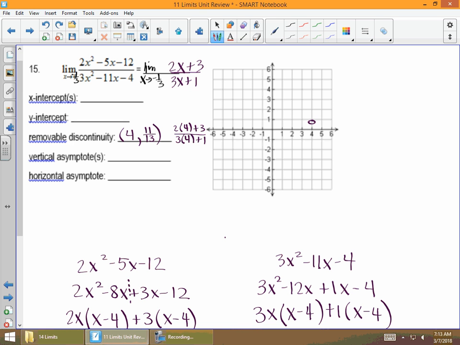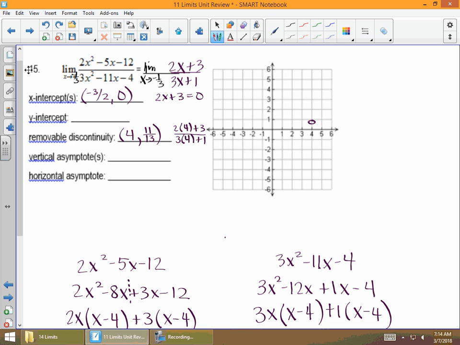4 is my x value, a little less than 1 is my y. Looking good so far. All right, x-intercept. Remember, if our removable discontinuity is at 4, our x-intercept is not going to be there. Our x-intercept is going to come from setting 2x plus 3 equal to 0, our numerator equal to 0. And so that is going to make our x-intercept negative 3 over 2.